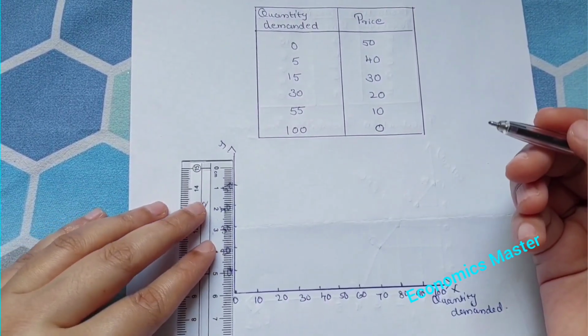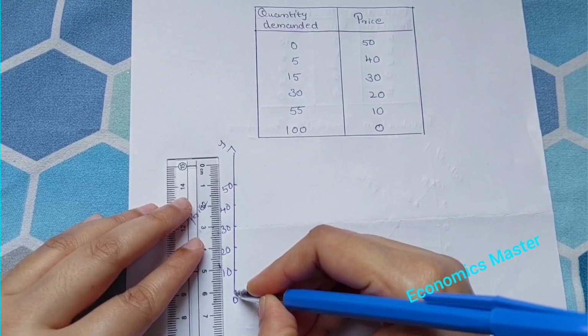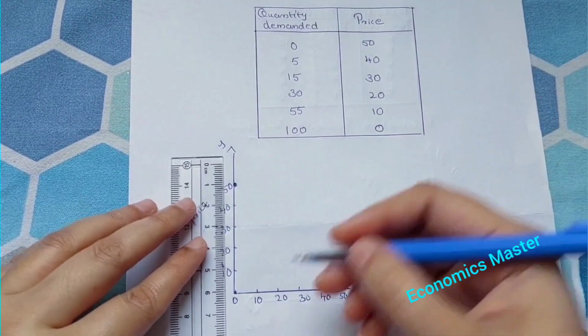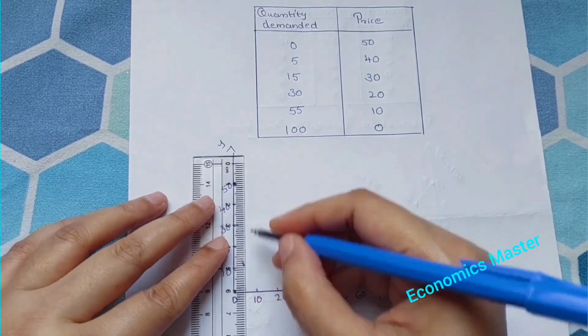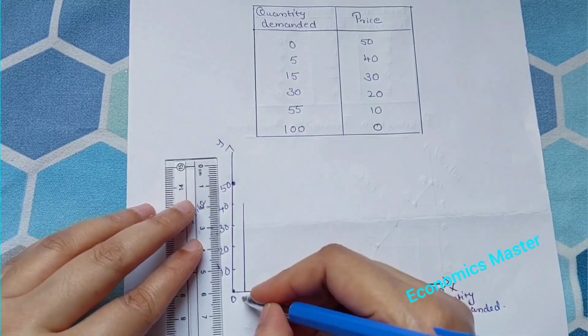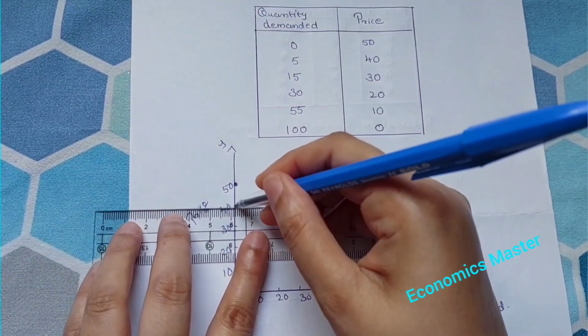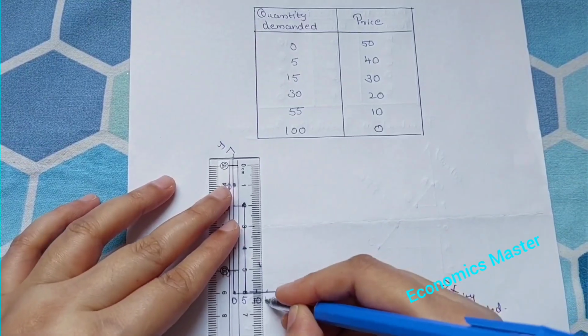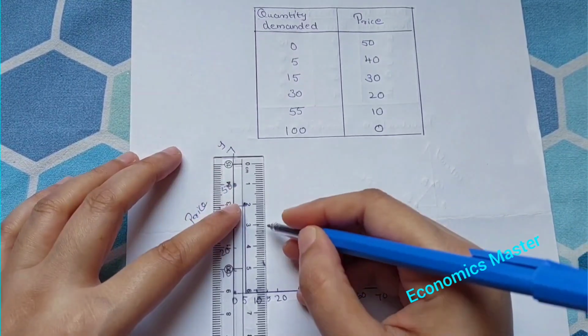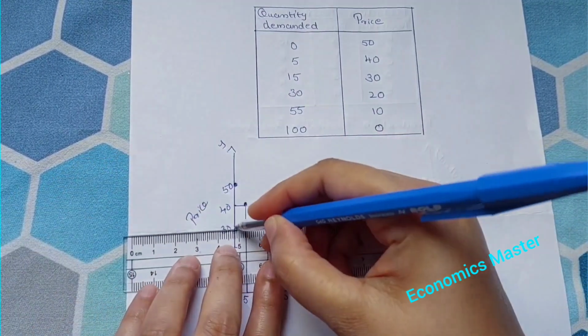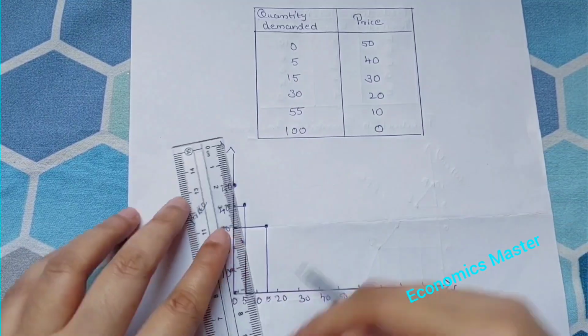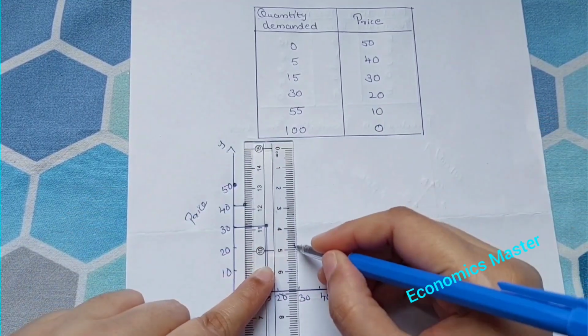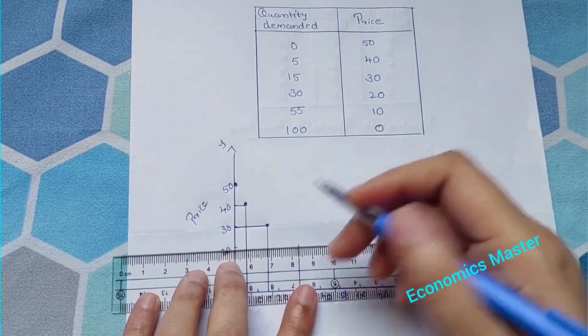When the price is 50, the demand is 0 here. When the price is 40, the demand is 5. Here, when the price is 30, the demand is 15. Here, when the price is 20, the demand is 30.